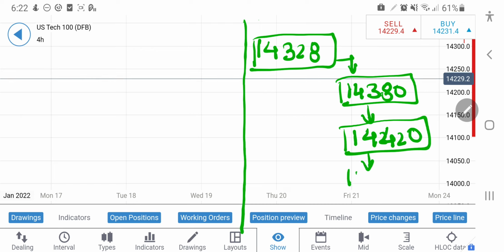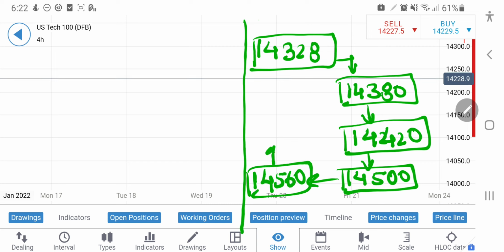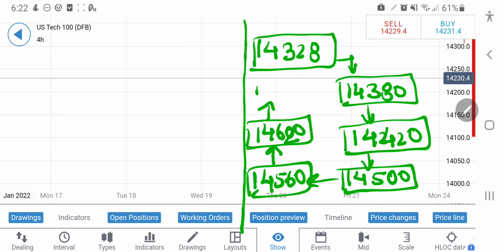Now if 14500 is taken today, probably we might see a sharp bullish move, which will take it towards 14560, 14600.